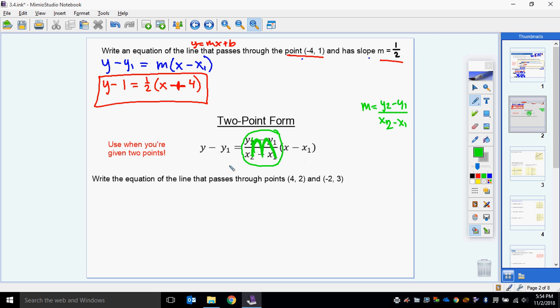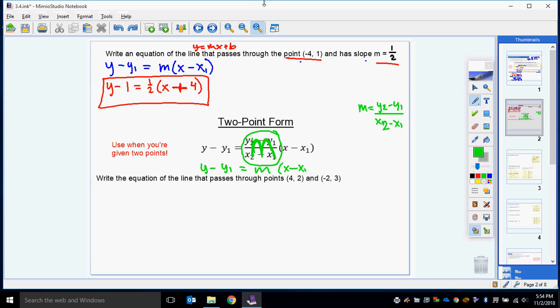So look at what form we have now. y minus y1 equals m times x minus x1. Oh my gosh. It's the exact same as point slope, right? Point x1, y1, slope. This is point slope form in disguise.